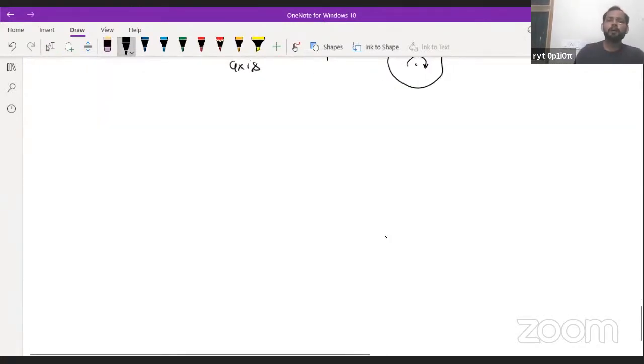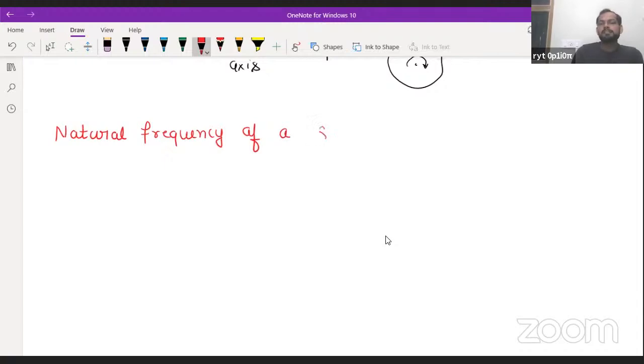Now we are going to cover the natural frequency of a spring mass system. You can get a question from this topic, that is, the natural frequency of a simple spring mass system.